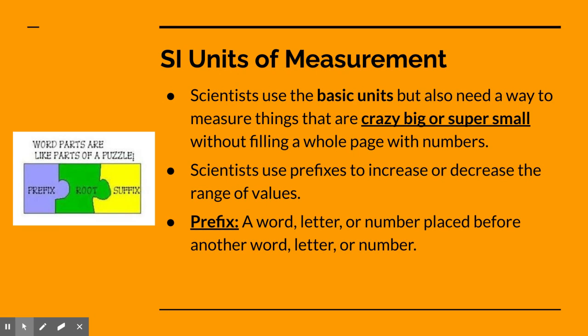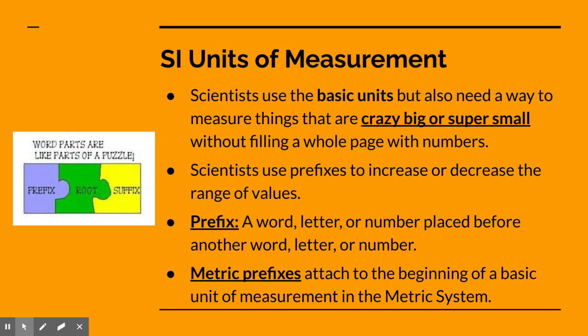Remember, a prefix is a word, letter, or number placed before another word, letter, or number. There is a prefix in the word prefix: it's pre. Metric prefixes are attached to the beginning of a basic unit of measurement in the metric system.